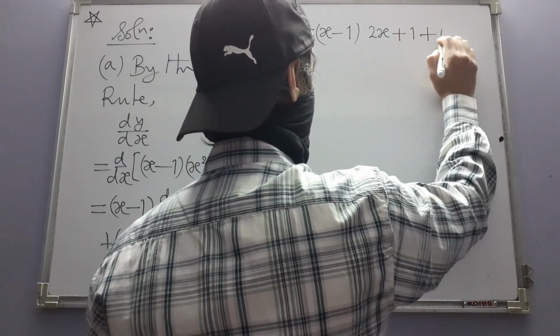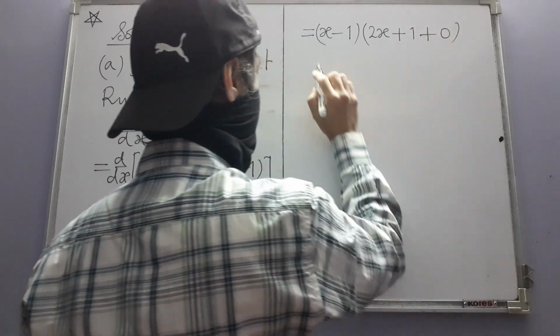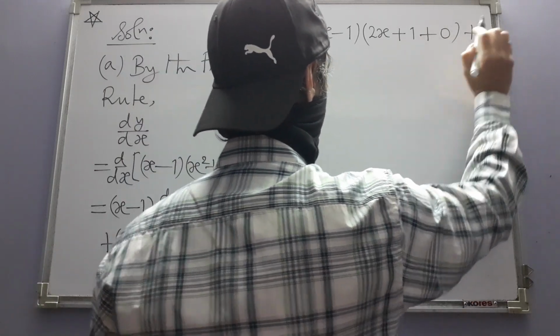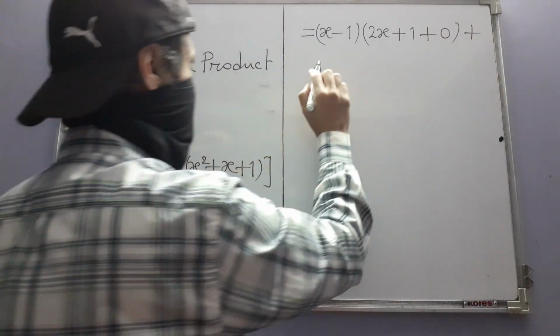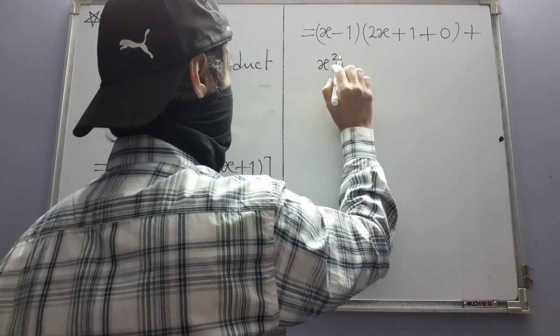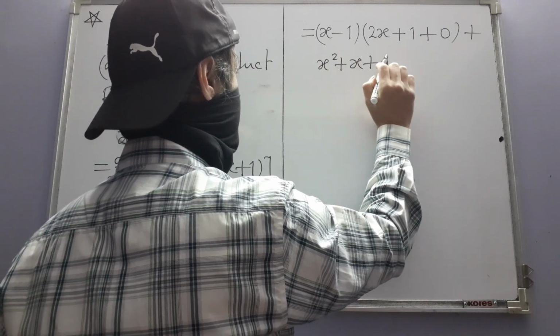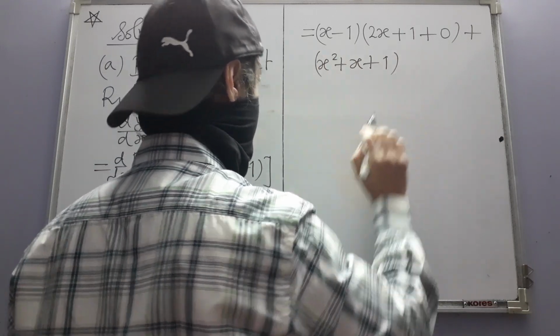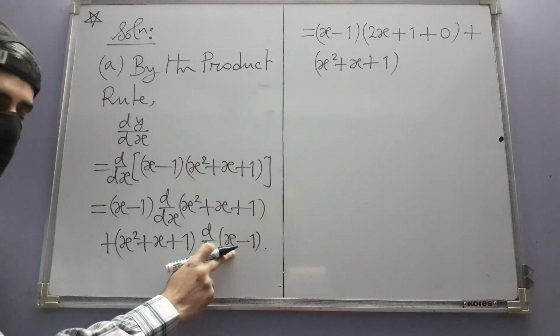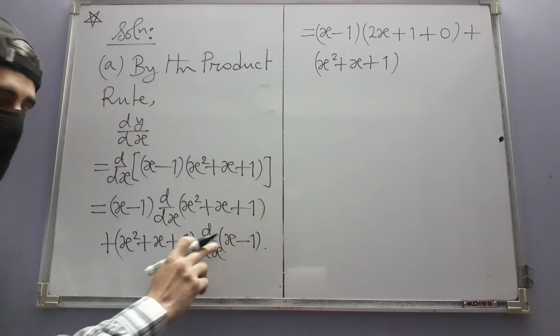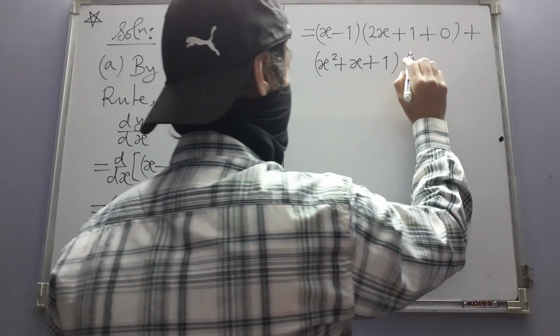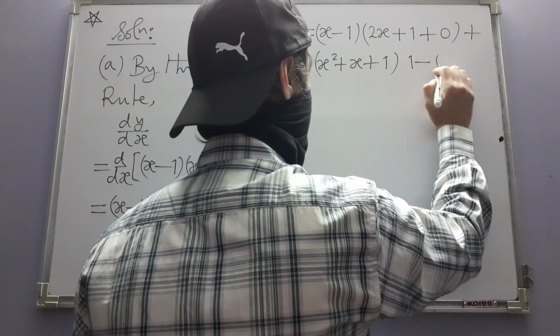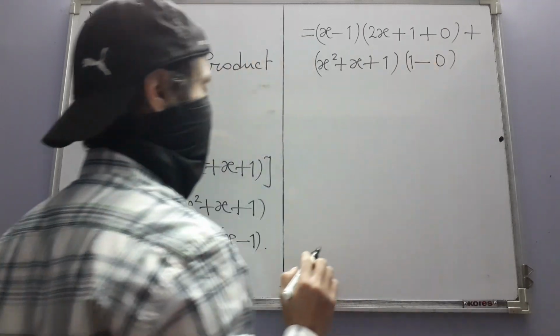And differentiating 1, you of course get 0. Plus, then x square plus x plus 1 times differentiating x minus 1: differentiating x gives you 1, minus differentiating 1 gives you 0.